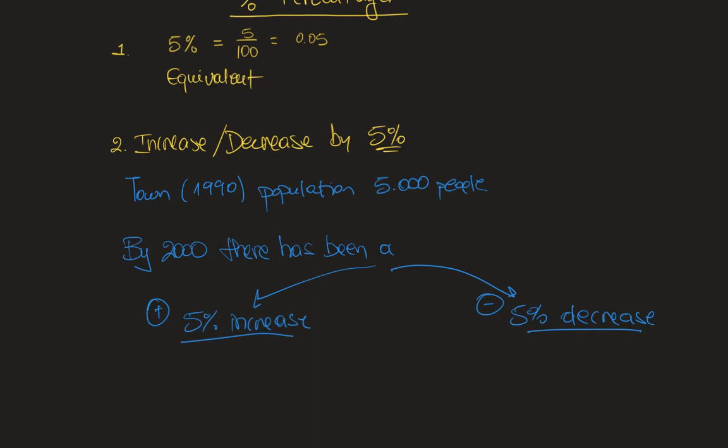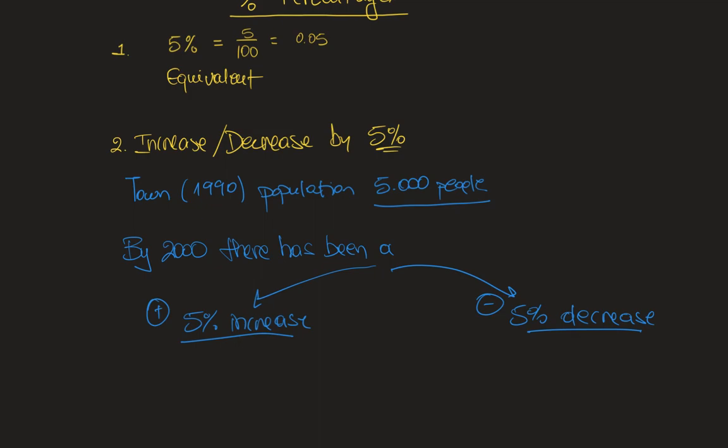You could either calculate the 5% of the 5,000 people, and then in one case add it to the 5,000 people, or on the other hand, with a decrease, just subtract it.